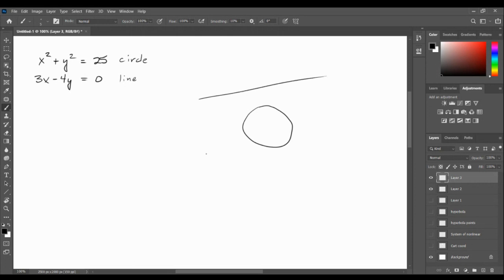Well, the line could be up here, so there's no real intersection. The line could go right through the edge, where there's one point of intersection. It could go through here, where there are 2 points of intersection. So I could have no solution, one solution, or two solutions with a line and a circle. We need to know that.